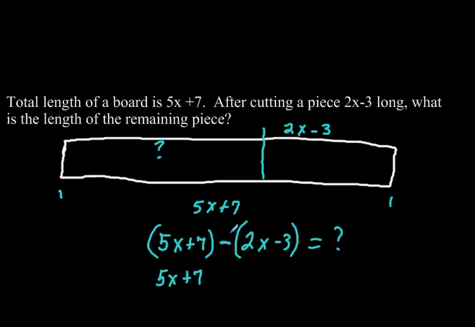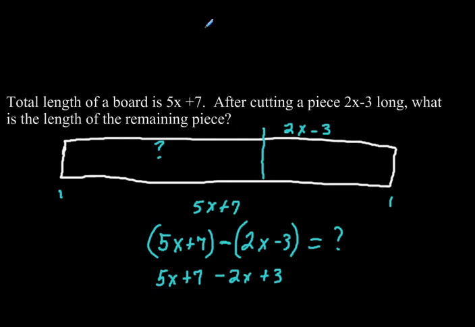But notice here we have a negative. This negative implies a negative 1, which means we multiply the negative 1 by anything inside the parentheses. All it does is change the sign. So 2x changes to a negative 2x, and the negative 3 changes to a positive 3. Now let's combine terms.